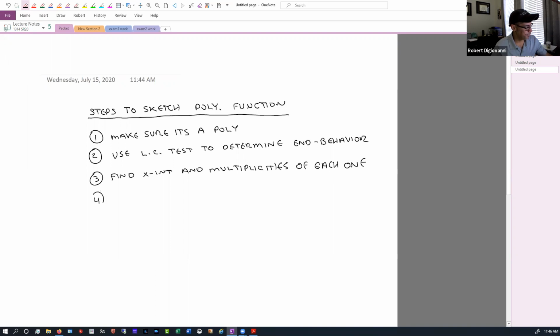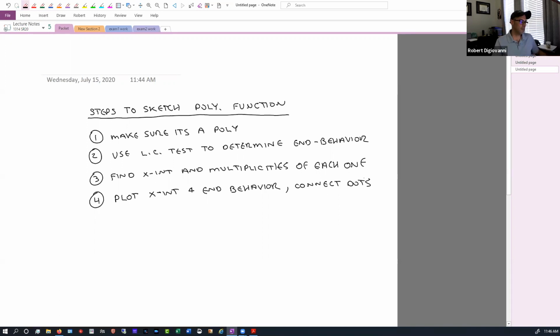Fourth step, plot the x-intercepts and the end behavior. And then connect the dots. Okay, that's it.